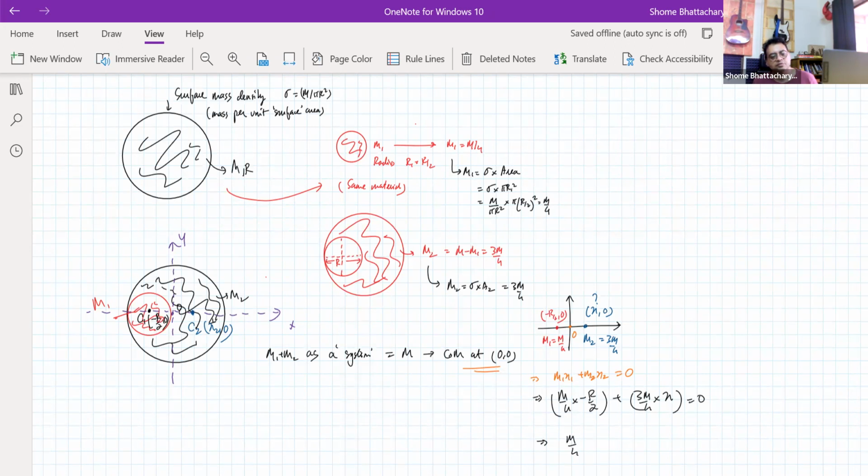So I can take m by 4 common here. I have minus r by 2 plus 3x is equal to 0. So x is r by 6. The center of mass of M2, which is the disk with the hole, is at r by 6 comma 0.